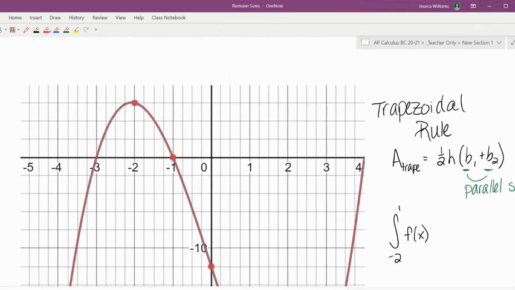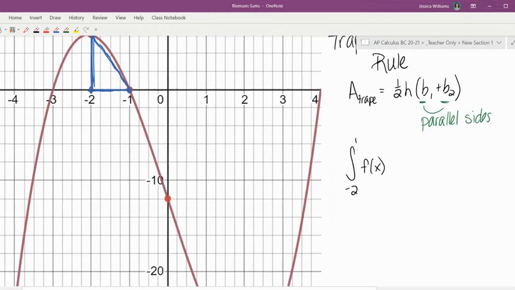Okay, so if I start at -2 and I go to -1, I'm going to draw a trapezoid between those two. So here's one of the bases. Here's the other base. There's my trapezoid. I know it doesn't look like a trapezoid. It looks like a triangle, but that's because this base has a value of 0.